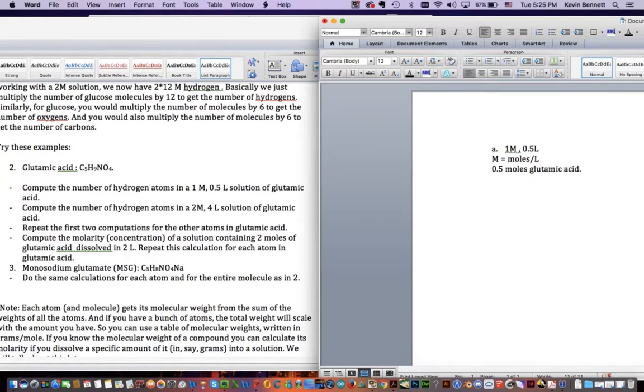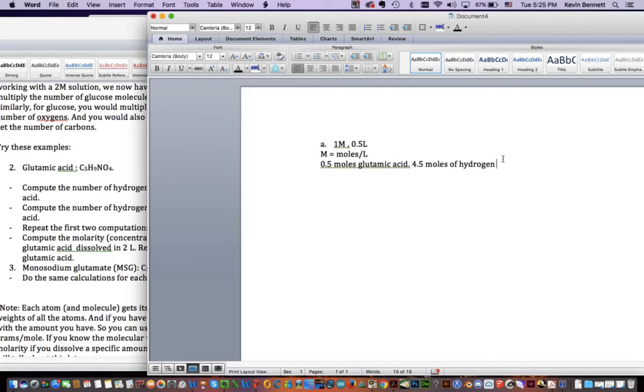And we can go ahead and solve for moles of hydrogen that way, so we just multiply by 9, which would be 4.5 moles of hydrogen associated with that glutamic acid. And then, of course, you can take that further. In most of the questions, you want to take that from 4.5 moles to number of atoms.